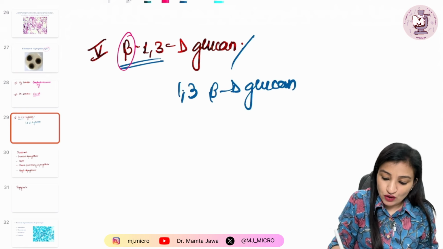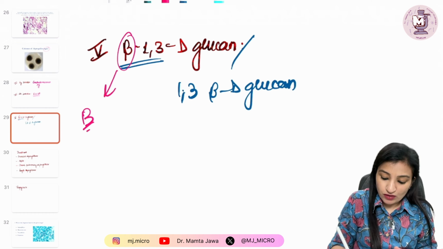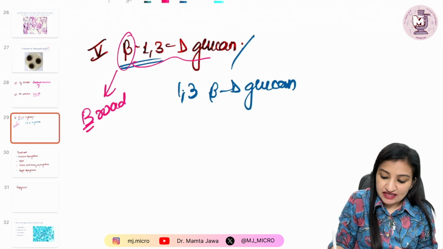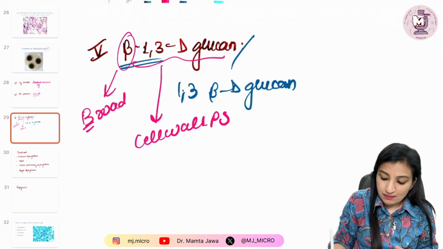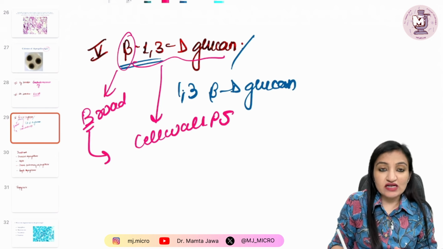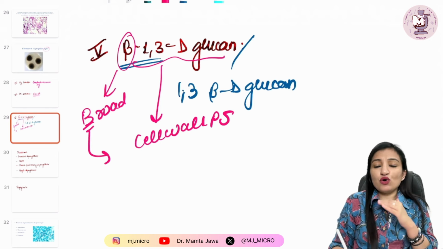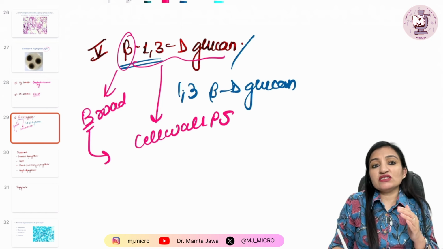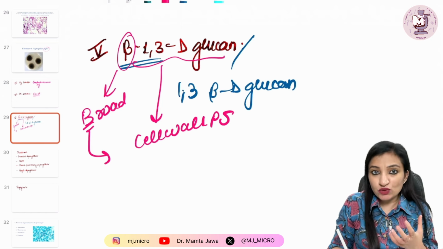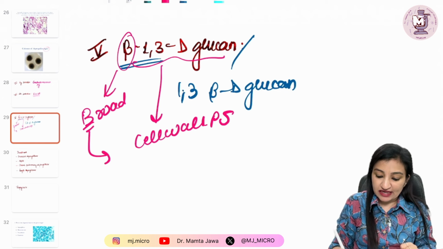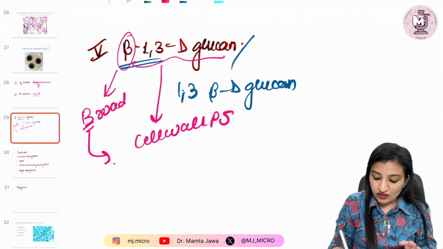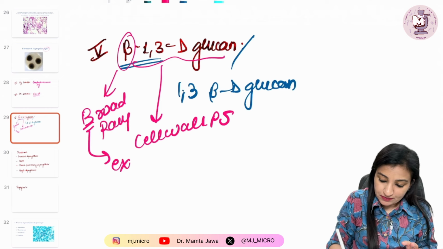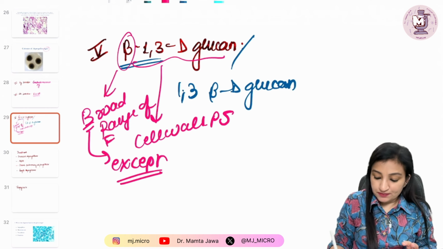You know why? Because B for beta, B for broad. So remember, what is beta 1,3-D glucan? It is nothing but a cell wall polysaccharide present in a broad range of fungi. So a broad range of fungal infections can be diagnosed by detecting this very polysaccharide. It is not seen in the following.